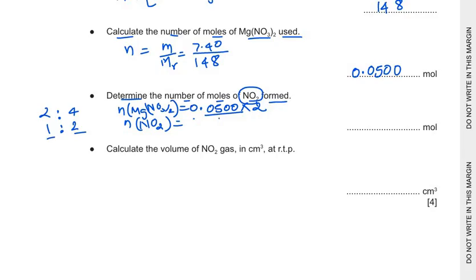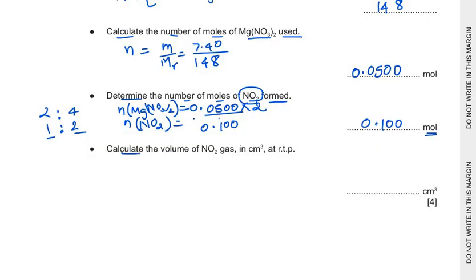So nitrogen dioxide moles are twice the moles of magnesium nitrate. So if you multiply 0.05 by 2, we get 0.100. So here we write 0.100 moles of nitrogen dioxide.